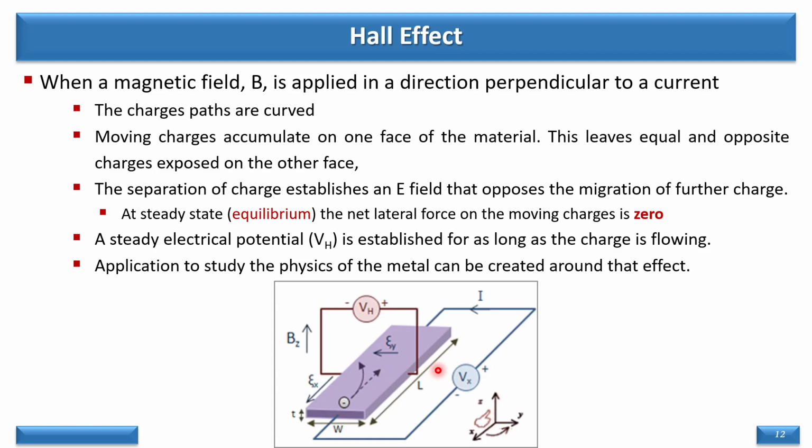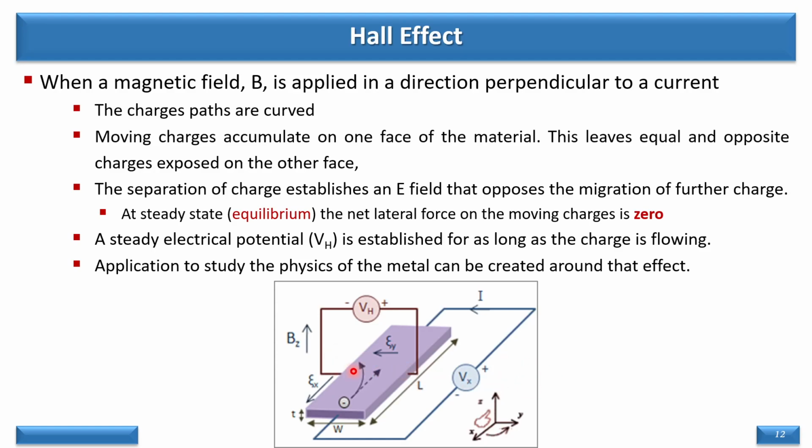This is happening very, very fast, and we reach a certain equilibrium status where the electric force that's trying to pull the electrons to the right is equal to the magnetic force that is pushing the electrons to the left. Under this condition, we have equilibrium.